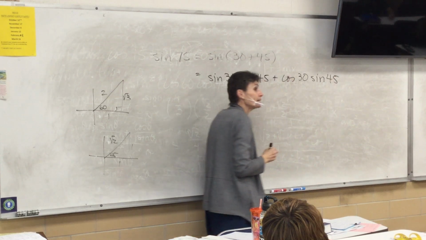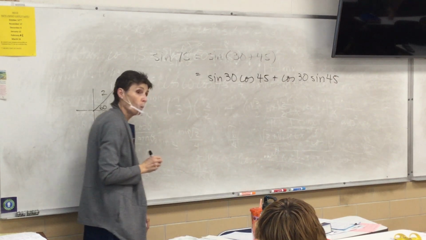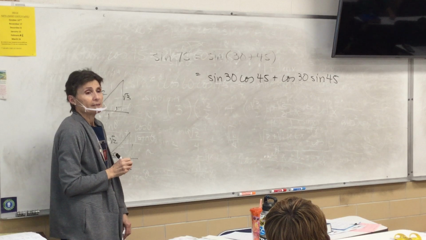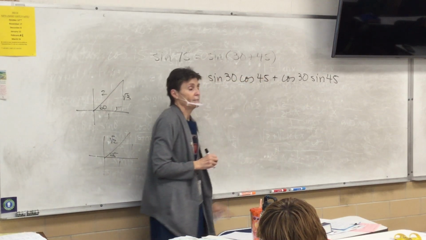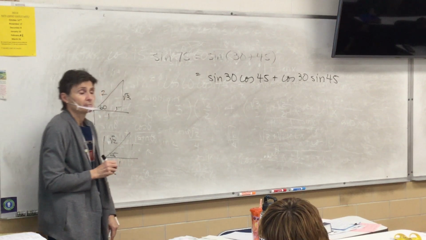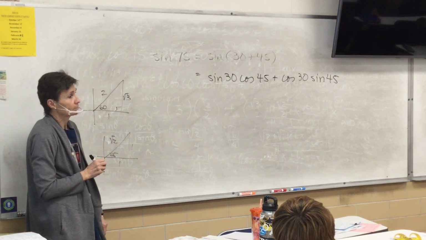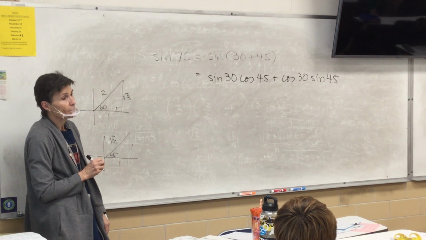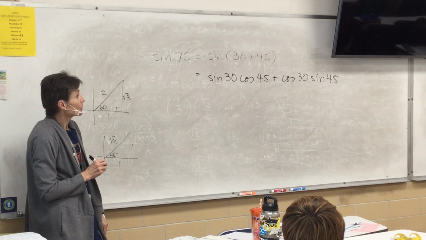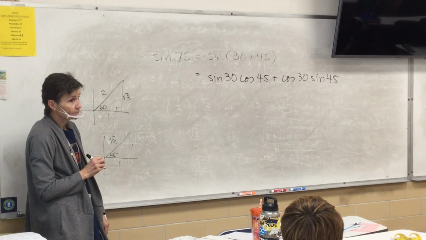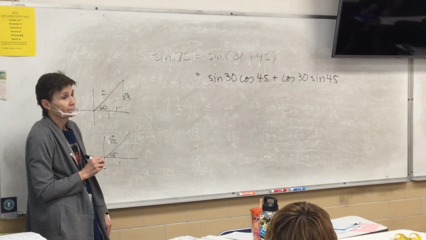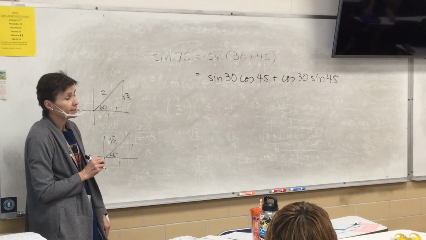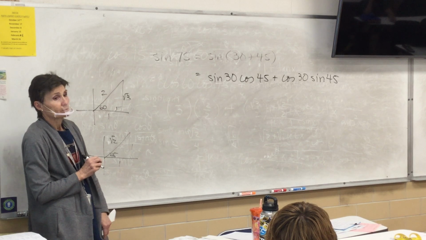You're just plugging your alpha and beta into the sine sum formula. David? Where do you get the cos from? Look at your formula for the sine of alpha plus beta. We're just plugging it in. Does it matter?